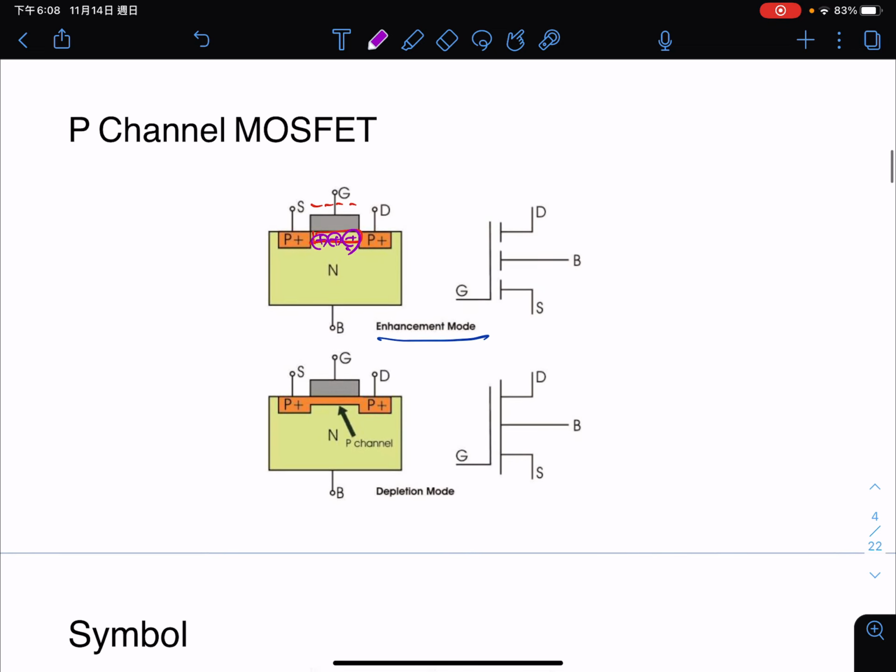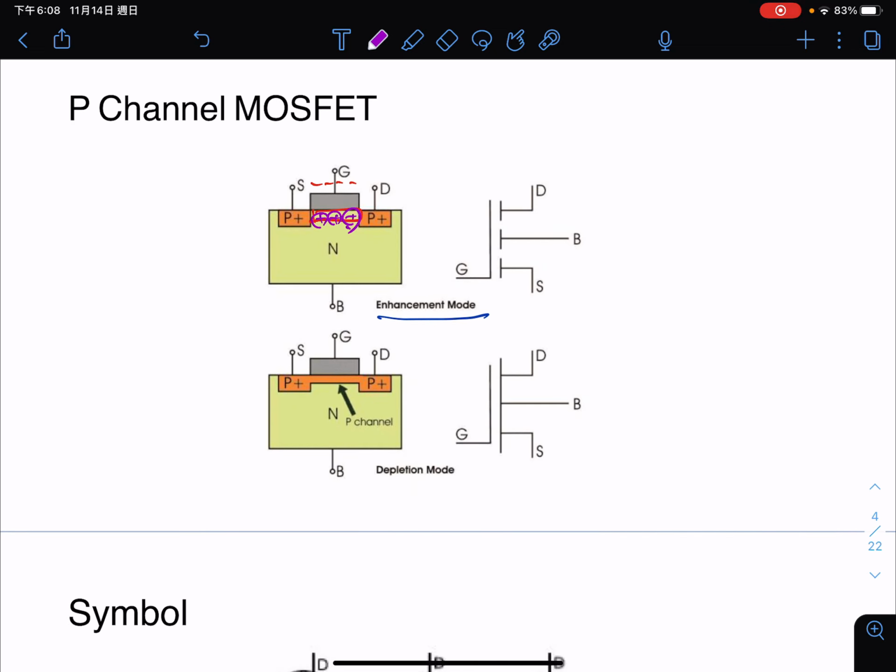Let me state the reason. This is the depletion type, and this is a channel. This channel is conductive, so current can flow through these two terminals. But because it is conductive, we cannot use it in the amplifier as we did before.